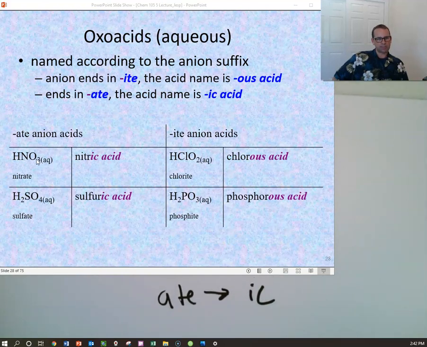Nitric acid. All right? So, if I have H2SO4, what's the name of the polyatomic ion, the SO4? What's the name of the SO4 polyatomic ion? Are you there? What's the name of the SO4 polyatomic ion?